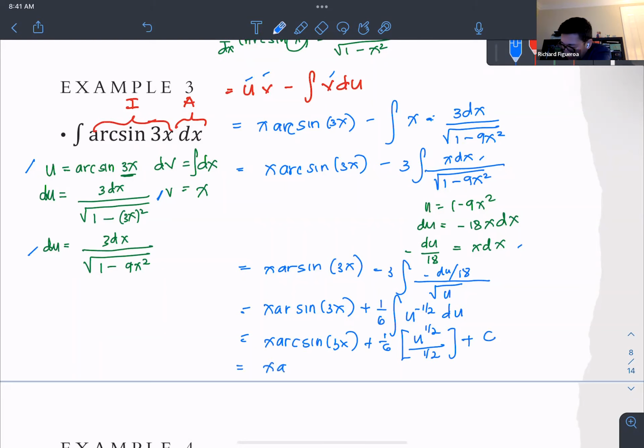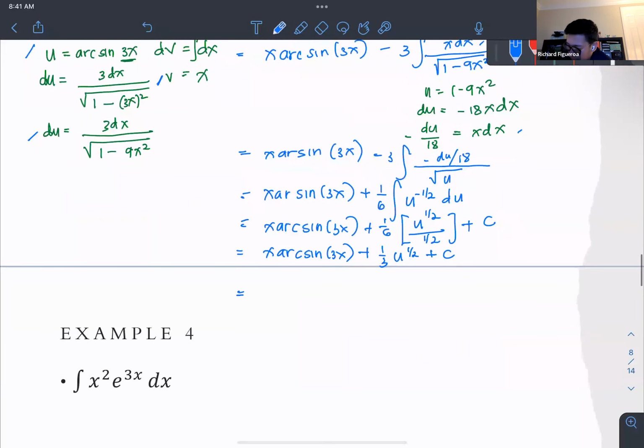So that will then be x arc sine of 3x plus, so yung 1/2, reciprocal niya would be 2. So 2 times 1 over 6, that is 2 over 6, or that is 1/3. Kaya magiging 1/3 siya, and then u raised to 1/2 plus c.